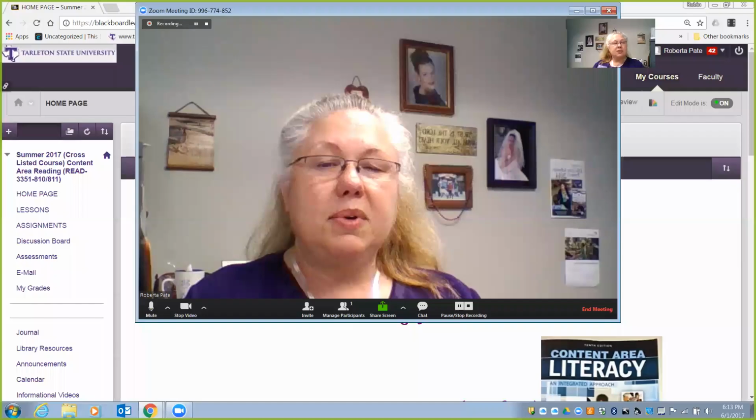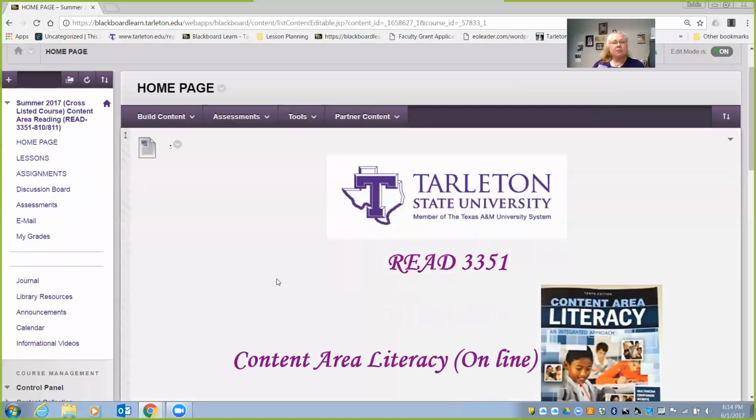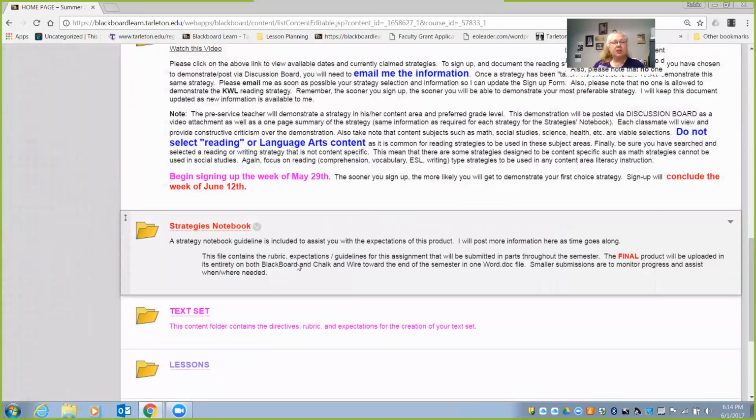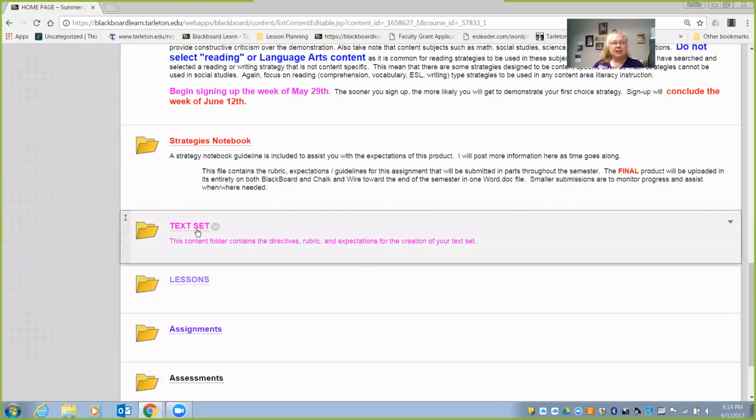Okay. So first off, let me share my screen with you very quickly. I'm going to scroll down my Blackboard screen, and where it talks about text set, just open that folder.